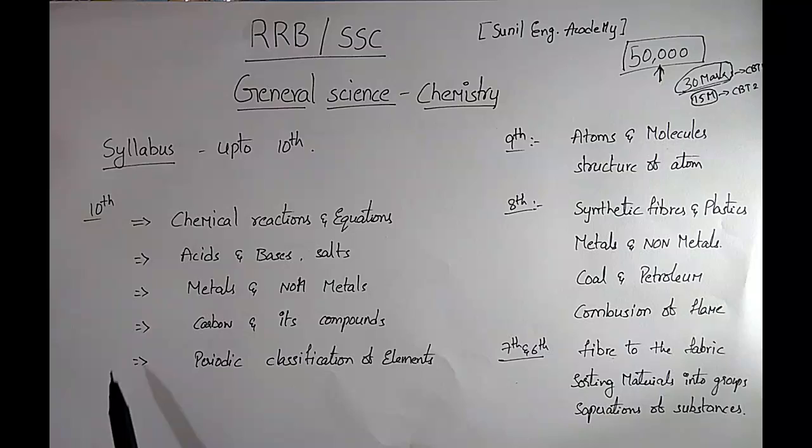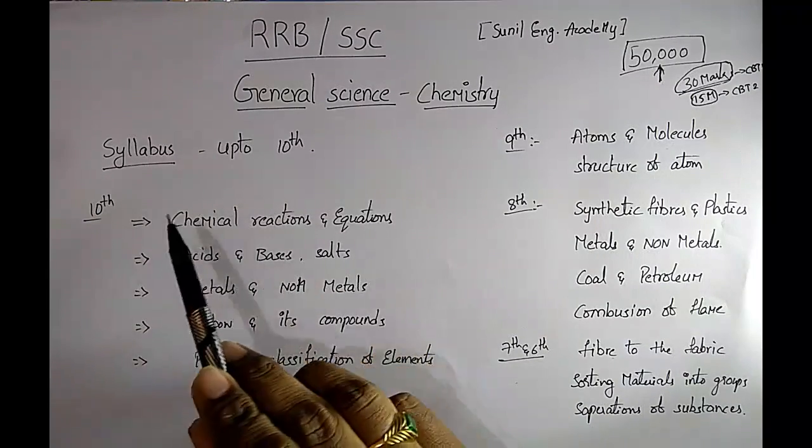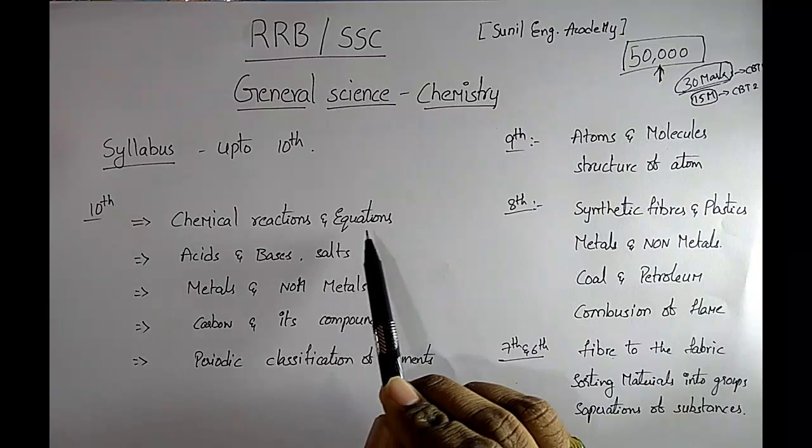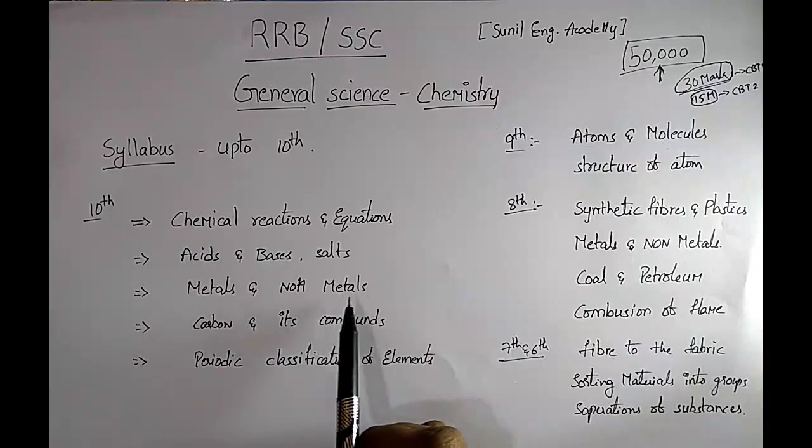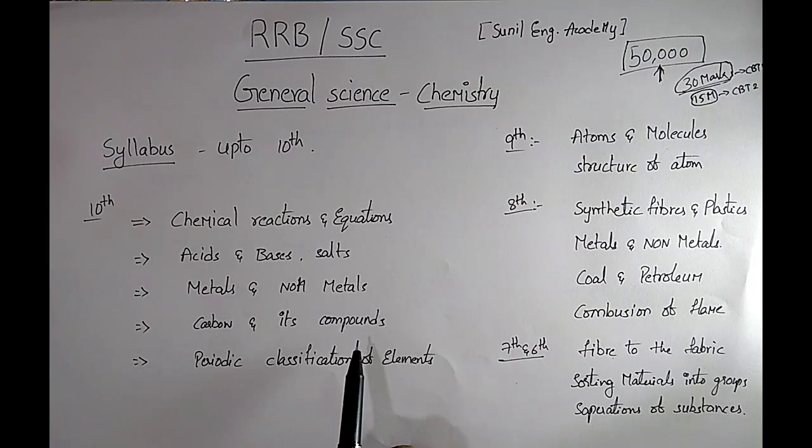Chemical reactions and equations, that is organic chemistry; acids and bases; metals and non-metals; carbon and its compounds, that is carbon, graphite, diamond; and periodic classification of elements, that is classification of all the elements, the periodic table.